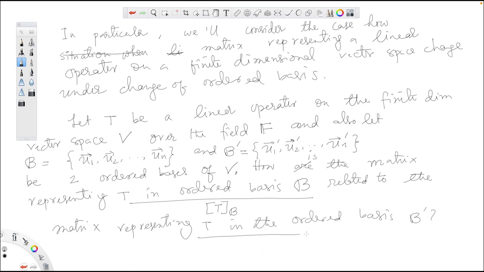Okay, and this is denoted by this T inside square bracket relative to the basis B prime. Okay, so how these two objects are related, that's the question more specifically.